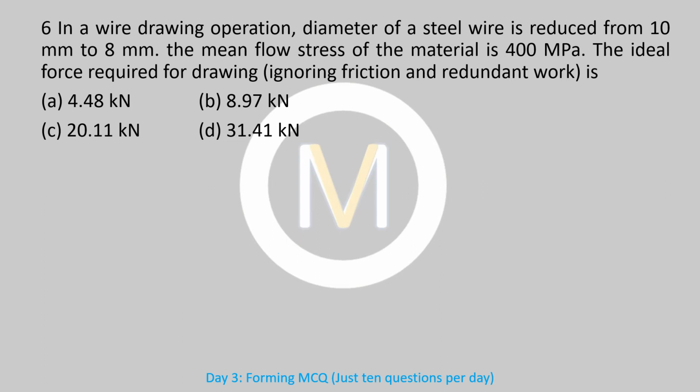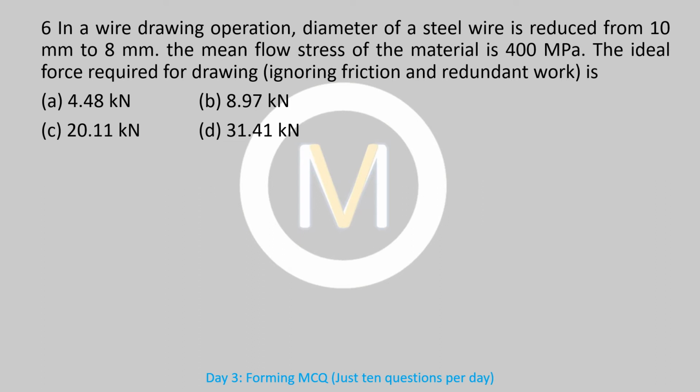Next question. In a wire drawing operation, the diameter of the steel wire is reduced from 10 mm to 8 mm. The mean flow stress of the material is 400 megapascal. The ideal force required for drawing, ignoring friction and redundant work, is 4.48 kilonewton, 8.97, 20.11, 31.4.